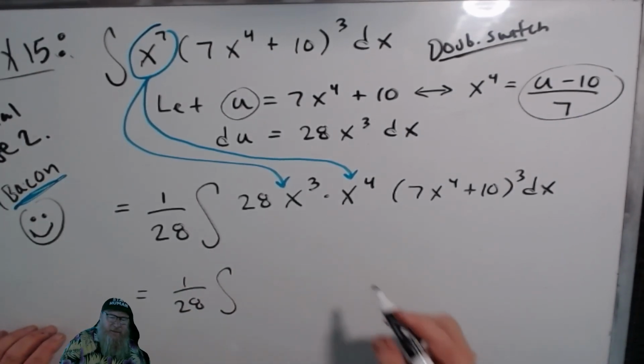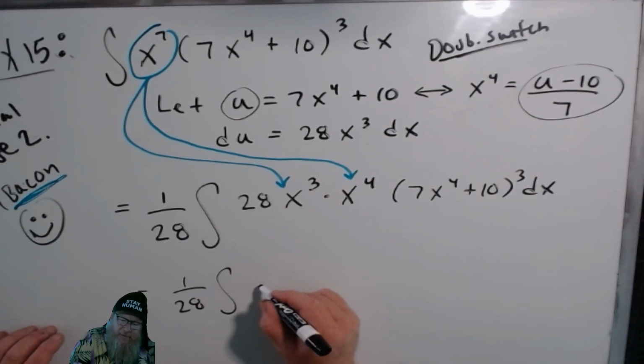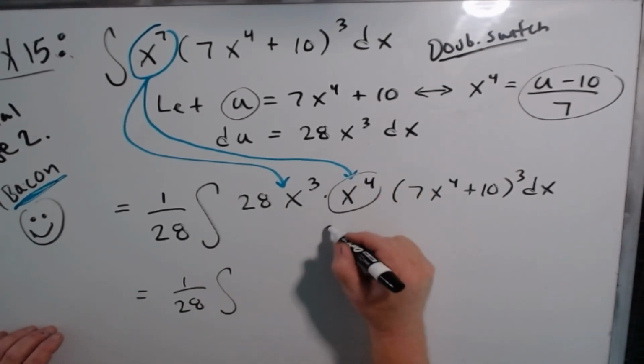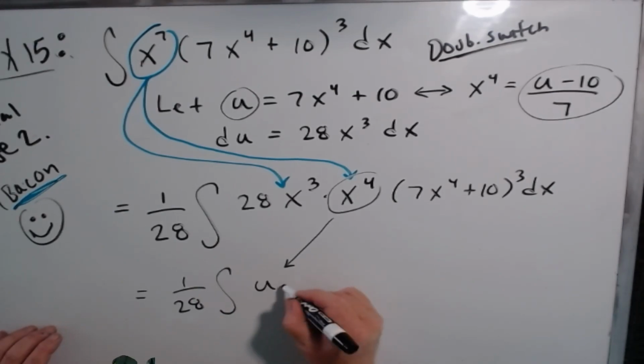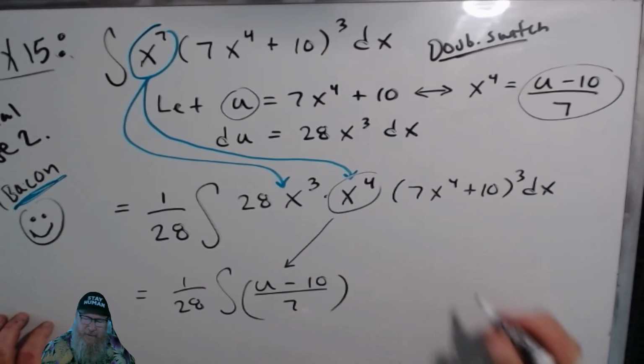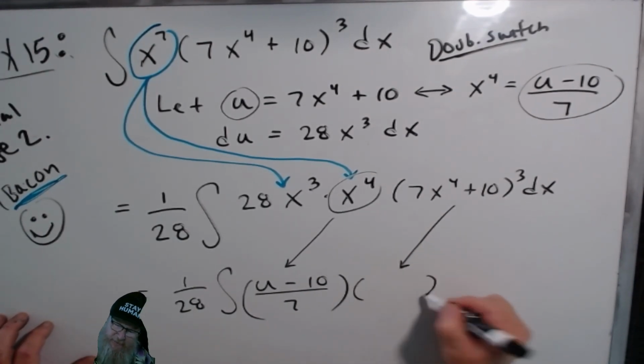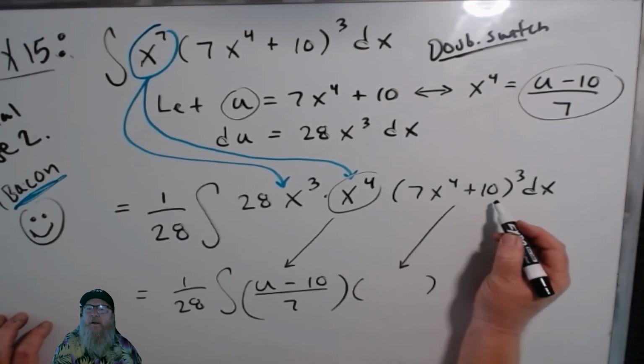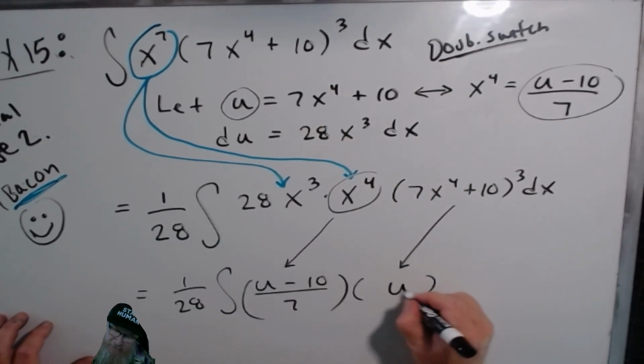All right. So this x to the fourth becomes u minus 10 over 7. This 7x to the fourth plus 10 becomes u.